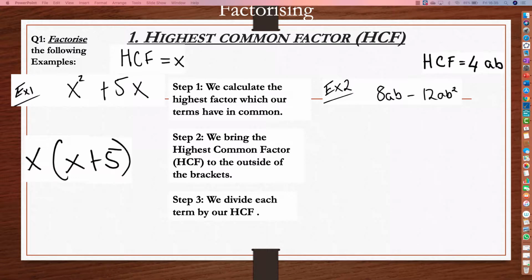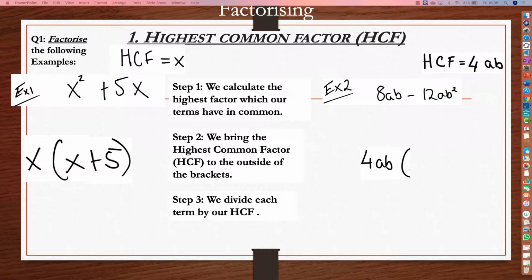It should be 4ab. So you take the numbers first of all, 8 and 12. The highest number that 8 and 12 have in common is 4. Then you look, they both have an a in it, don't they? This one has a b and this one has a b squared. So we can't say b squared, it's only b. That's why the highest number they have in common is 4, they have an a in common, and they have a b in common.